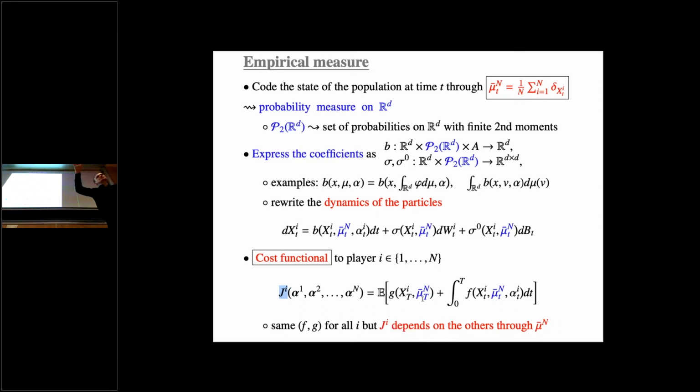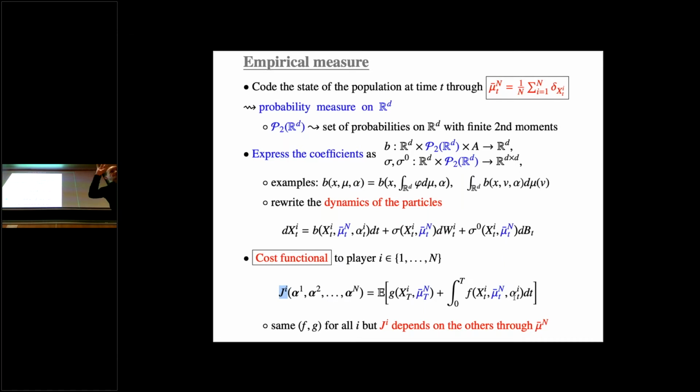You compute the mean distance between your state and the state of the others. And you have what we call a running cost. So you take the integral between 0 and T of some infinitesimal cost that you have to pay. And this terminal cost and running cost, once again, depend on X, the state of the population, and the choice of your control. So if you know stochastic control, this is a generalization of it.